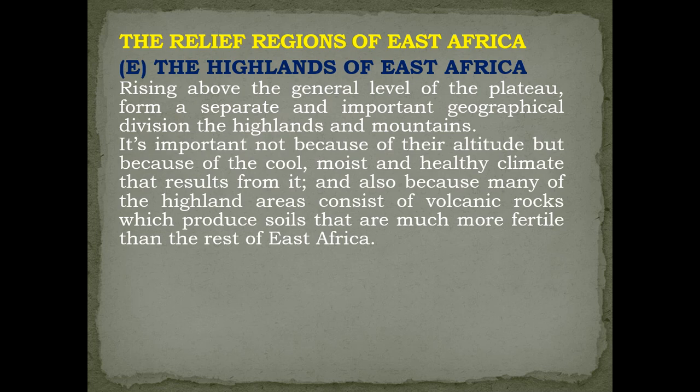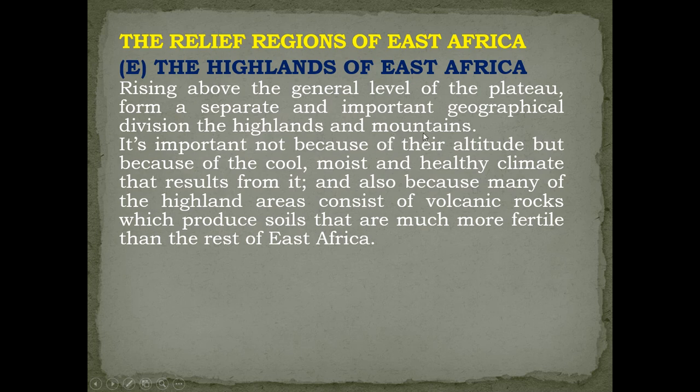We can look at the atlas and identify the heights of the mountains. For example, can you identify the height of Mountain Kilimanjaro? Can you identify the height of Mountain Kenya? Can you identify the height of Mountain Rwenzori?